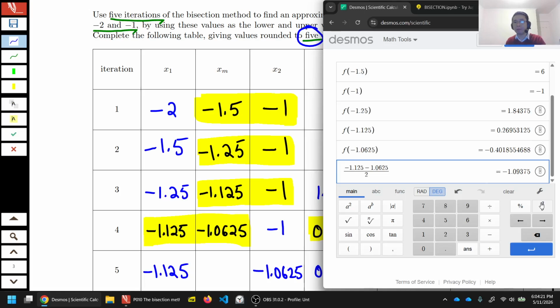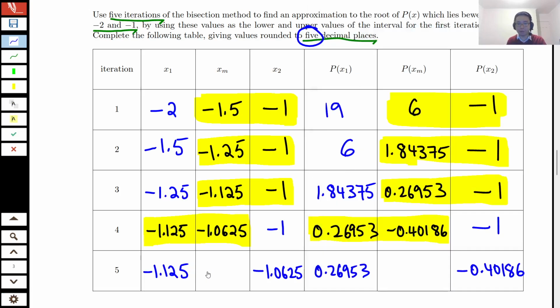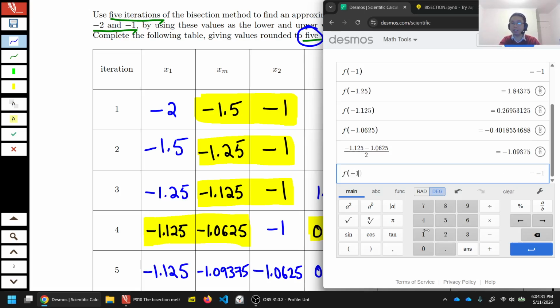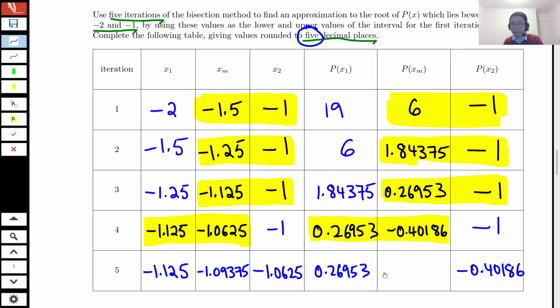So negative 1.09375. And now what I'll do is I will evaluate the function at that point. So negative 0.07550 correct to 5 decimal places.